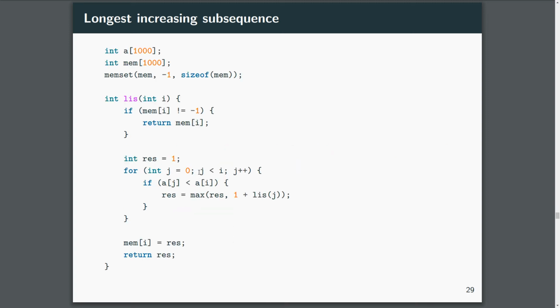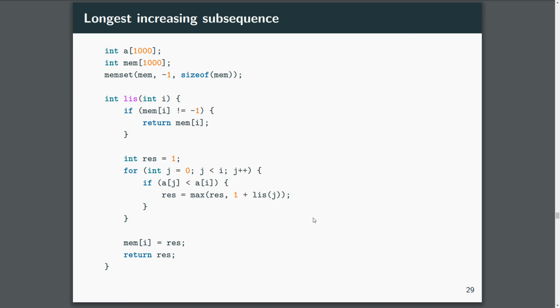We looked at all values j less than i, and then we make sure that they fulfill the second condition, that the value at that index is less than the value at the other index. And then we take the maximum. So if i is larger than the largest j in the longest subsequence, then you add 1. i is just an index.